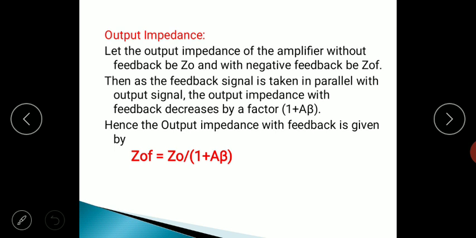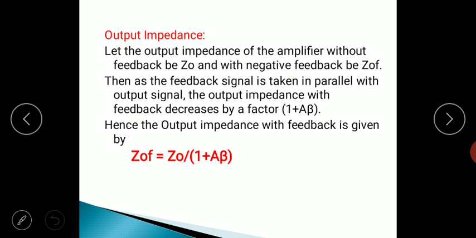That is, if we consider Z0 as the output impedance of the amplifier without feedback, and ZOF is the output impedance with feedback, then as the feedback signal is taken in parallel with the output signal or the load, what happens when there is a parallel connection?